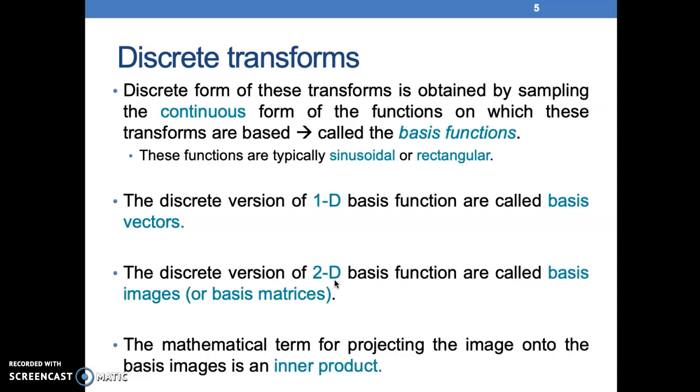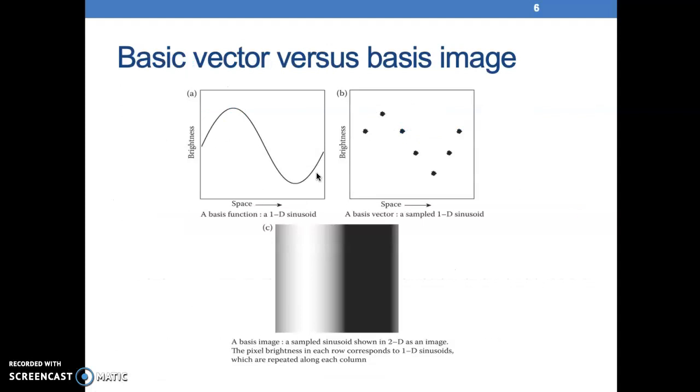This is the same. When you do the inner product, you do the convolution of the basis image with the input image. That's how you get the frequency domain. So this is basis vector versus basis image.